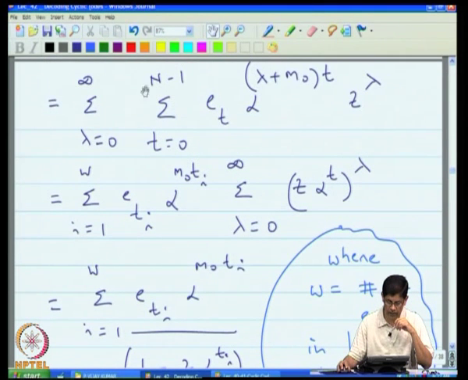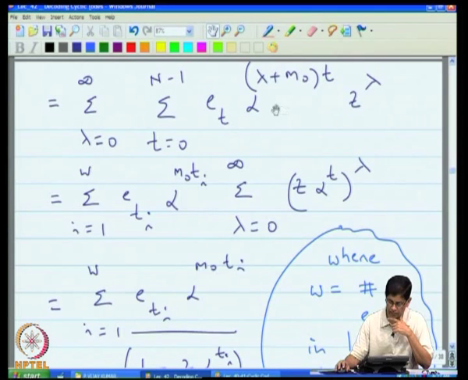So, although it looks like there are n terms in the summation, only w of these are non-zero. So, with that I am replacing this sum over these n values of t by a sum over the w values of I, and I have E of ti. And then correspondingly I bring the alpha to the lambda ti m0 ti term inside and take the summation on lambda inside.